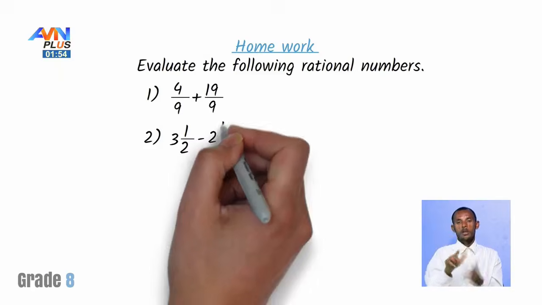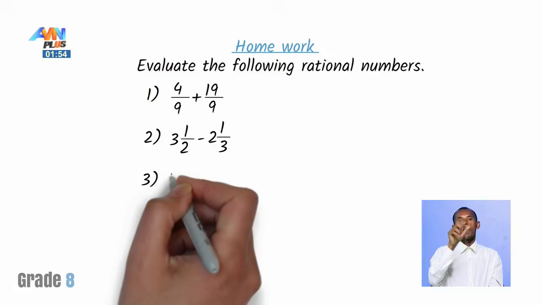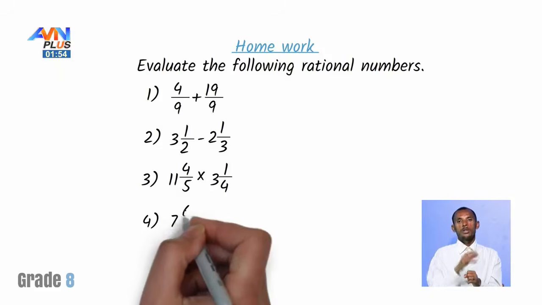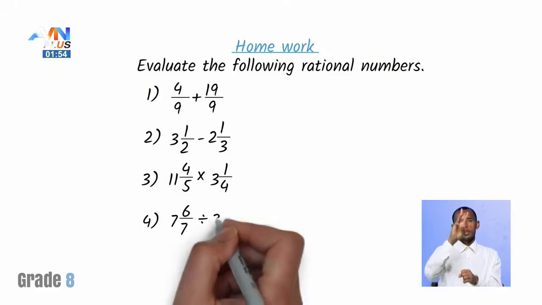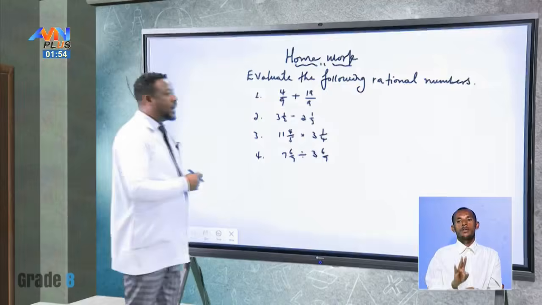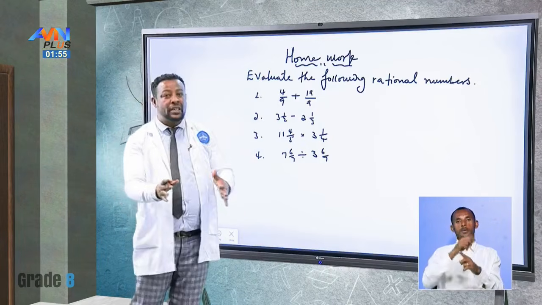The third one: calculate the product of 11 4 over 5 and 3 1 over 4. The fourth one: do the operation 7 and 6 over 7 divided by 3 and 6 over 7. Try to evaluate these four questions.